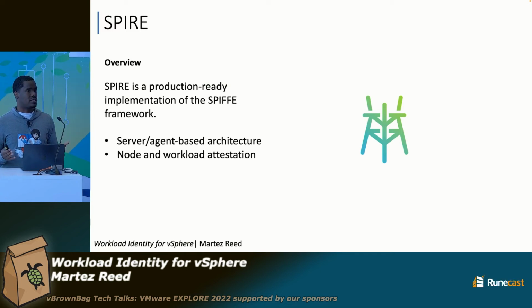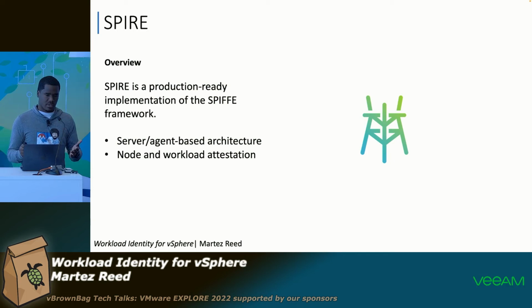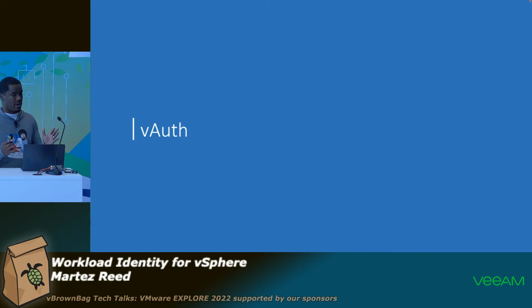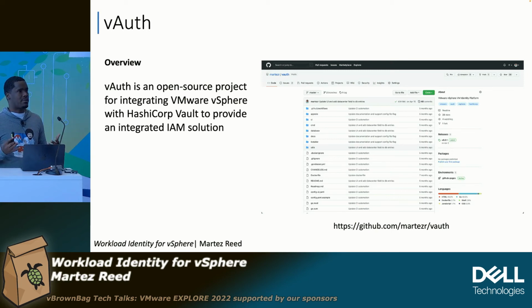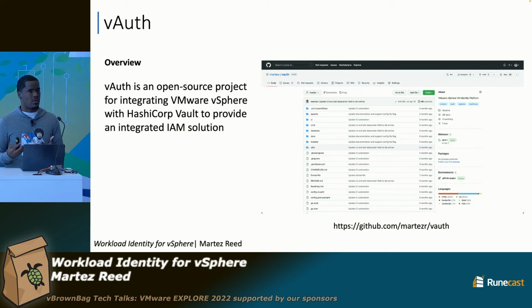That is a mechanism by which we can confirm or validate what's actually being utilized from a deployment standpoint. So it provides a number of capabilities. One of the other ones is vAuth. Full disclaimer, it's actually a project I have created, but really what it provides is an example in which it can be utilized to integrate with HashiCorp Vault, a common secrets management platform, to dynamically generate credentials on behalf of the workload.